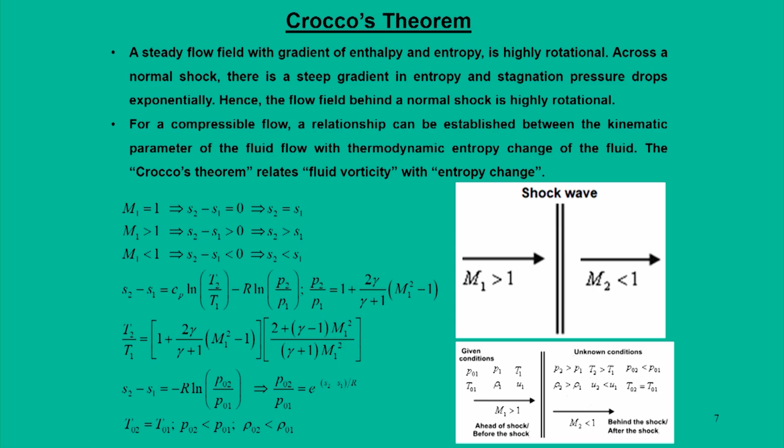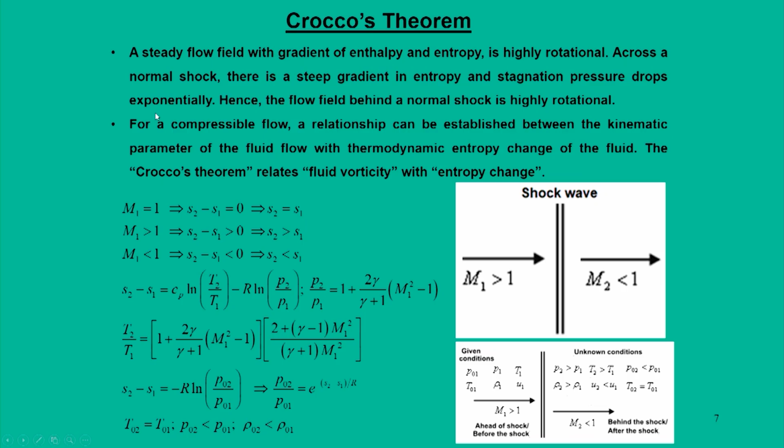Normally, when there is a steady flow field with a gradient in the enthalpy or entropy, that flow field has to be rotational, not irrotational. So, across a normal shock we have seen there is a steep gradient in the entropy, and the stagnation pressure drops drastically, which means there is a definite correlation.